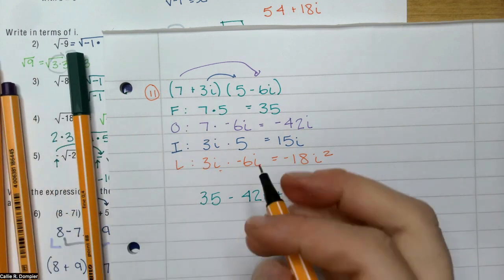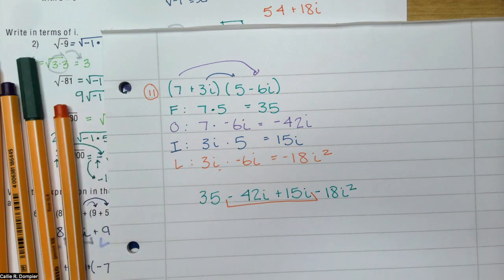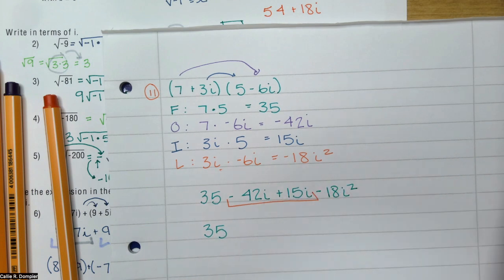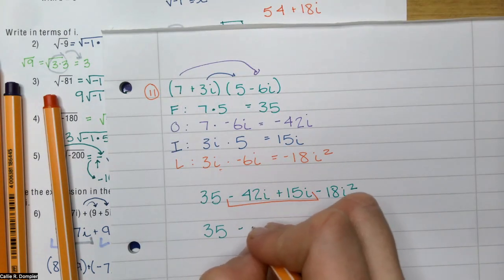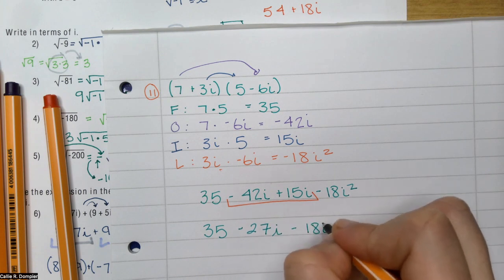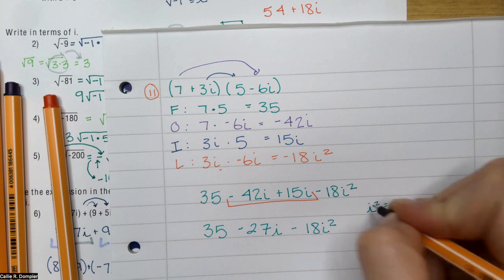Good. We can see that these are like terms, right? Negative 42 plus 15, or 15 minus 42, is negative 27, minus 18i squared. What do we do when we have an i squared? i squared is negative 1.